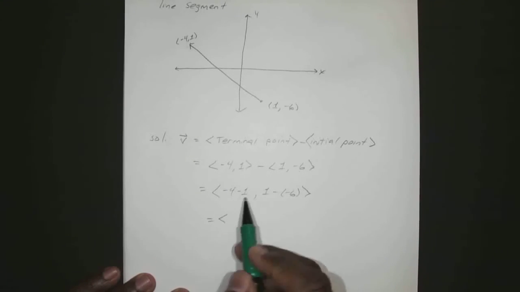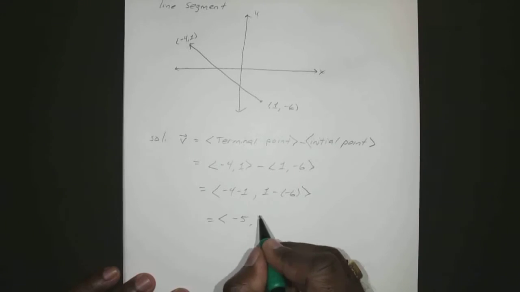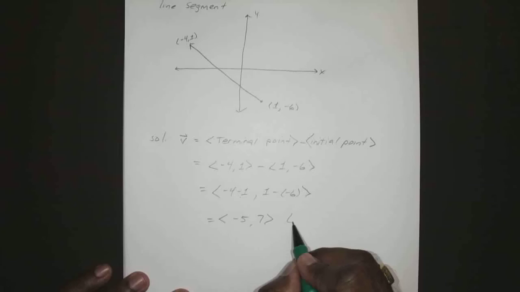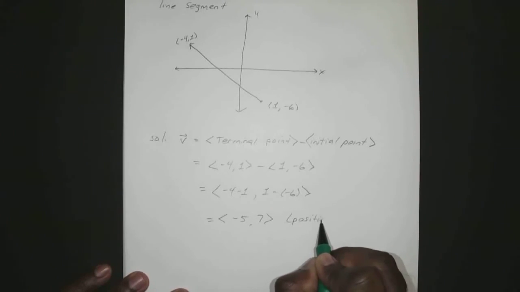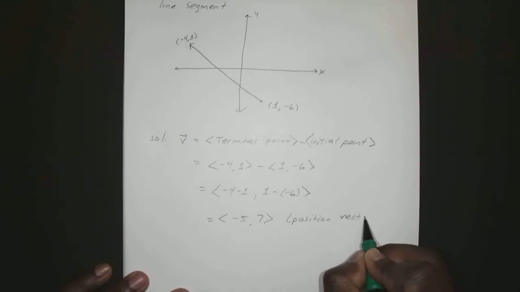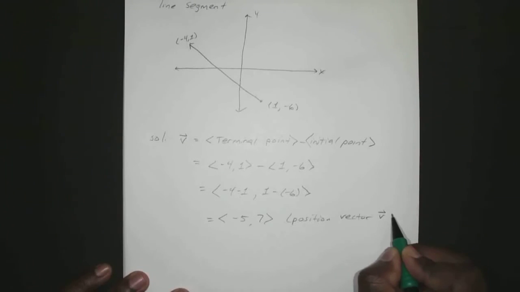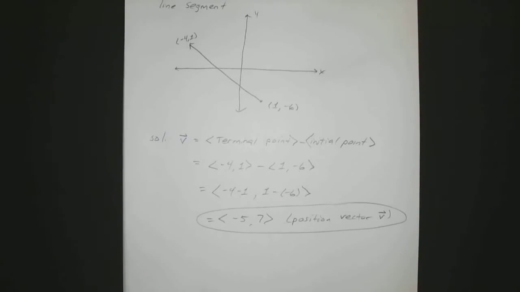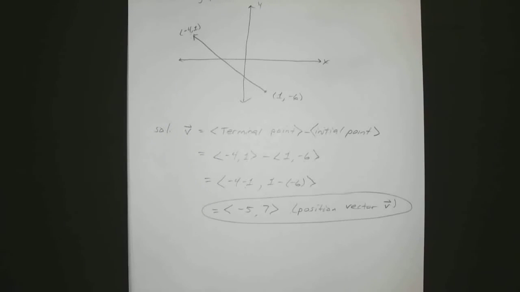Okay, so that gives us negative 5 and 7. Okay, which is our position vector. All right, so any questions on that one?